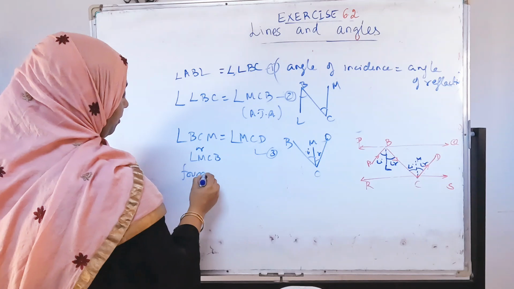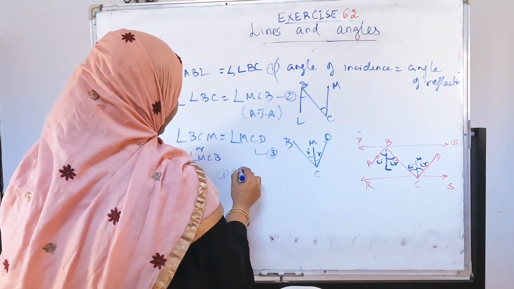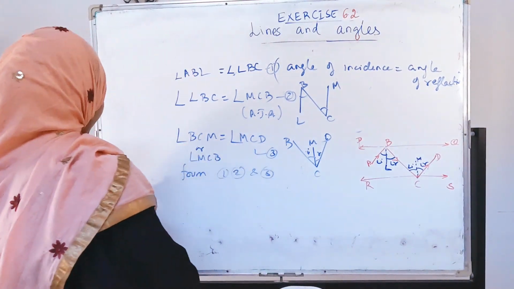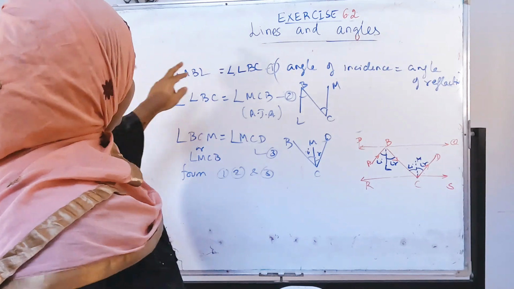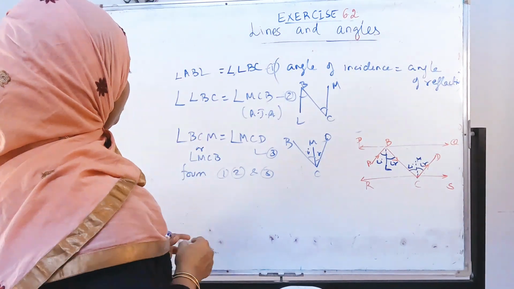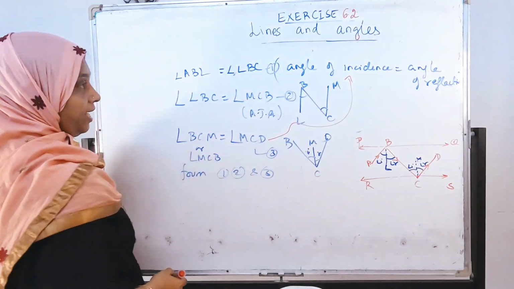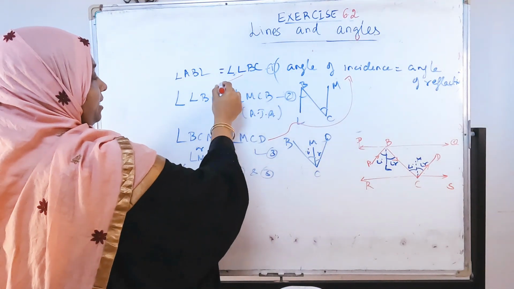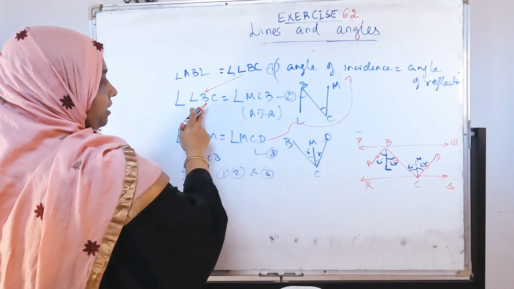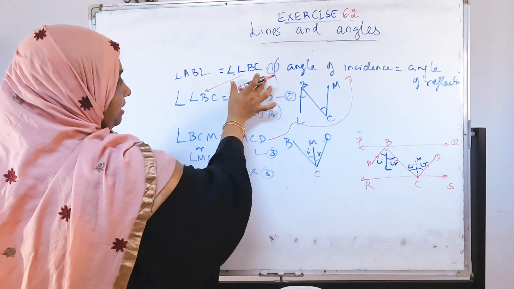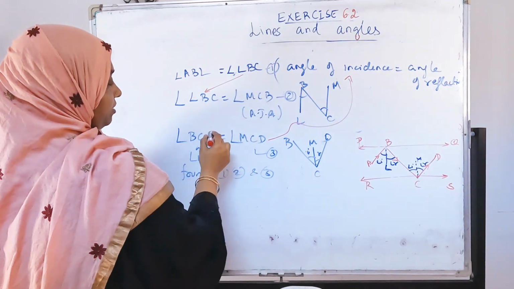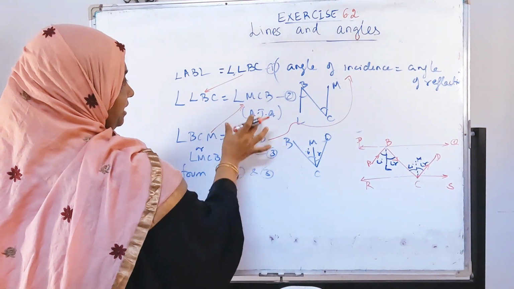Now combine this from 1, 2 and 3. Check here. Here LBC is there? No. So this property is the same, angle of incidence is equal to angle of reflection. See here, LBC, LBC. So in the LBC place we can replace MCD. And this MCB, in this place we can replace MCD.